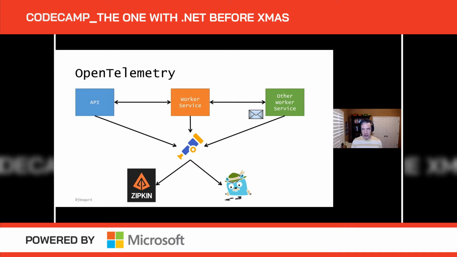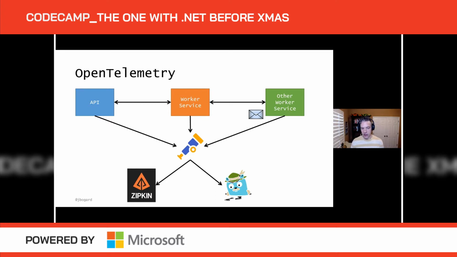Because there's only so many ways you can really define what a span of activities looks like, or what a log looks like, or what metrics look like. And so the OpenTelemetry effort is really trying to bring all those together and saying, this is our standard way of looking at things. And then that way, if I have client applications and different ways of reporting, just talking to OpenTelemetry, then it's just a matter of someone building the OpenTelemetry exporters out to those individual Zipkin, Jaegers of the world.